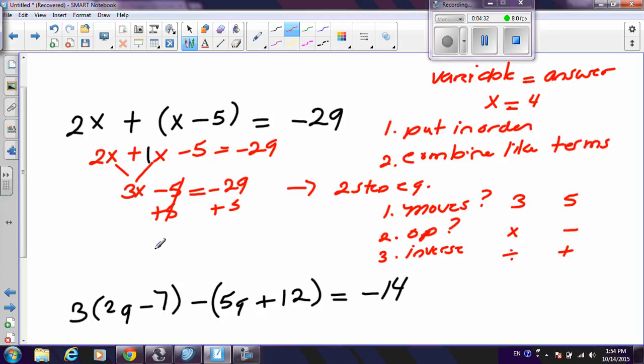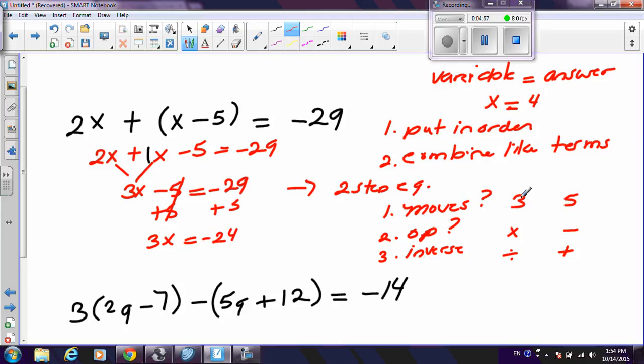So these two cancel out, and I'm going to be left with 3 times x equals, and now we work this out. What is negative 29 plus 5? All right, so in this case, mixed signs, we're going to subtract. So basically we're saying what's 29 minus 5, and that gives us a whopping 24. And the answer is going to be negative because the 29 is the largest.